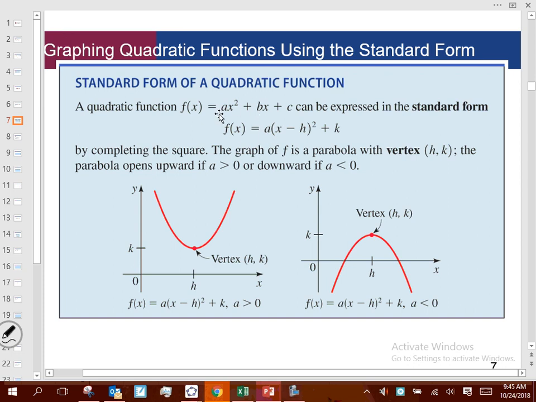So if they give you this one and ask you to turn it into standard form, that sheds light that I have to go to the other option, which would be this. Does that make sense? Or if they start with this, and say this is standard form, turn it into vertex form, it would be this.